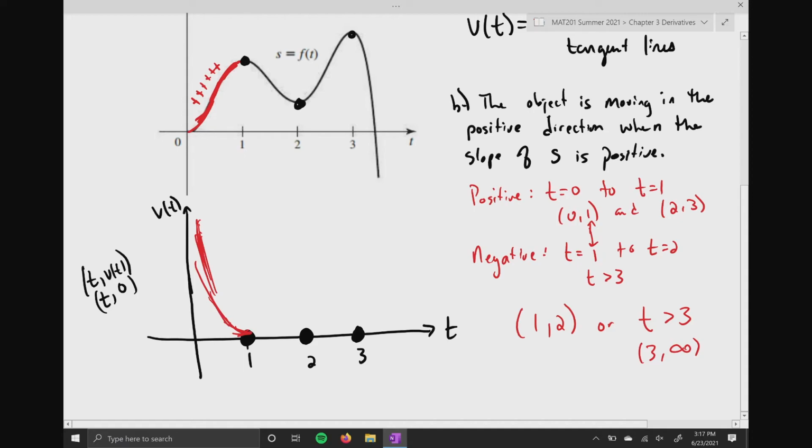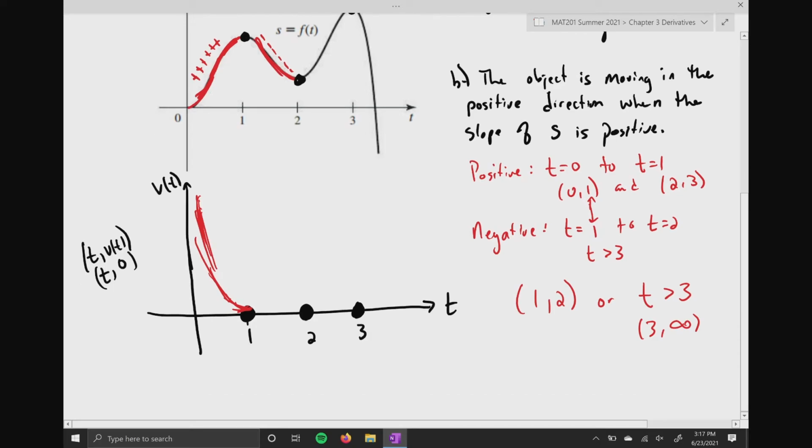Now, after that, in the interval from 1 to 2, right here, all my slopes are negative, which means I'm going to be underneath my t-axis here. So to clean this up a little bit, I'm just going to bring it down below.